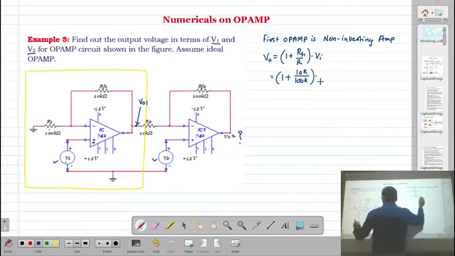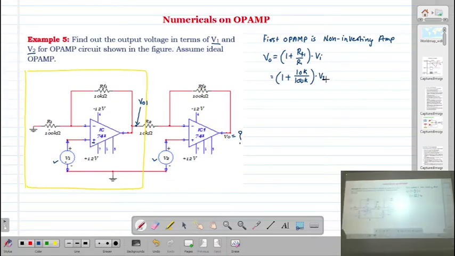The input voltage is V1, whose value is not given. 10k divided by 100k is 0.1, so this will be 1.1 into V1. Correct? So we have calculated the voltage at this point.